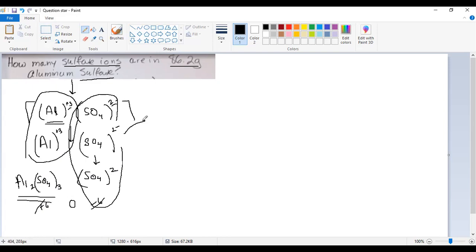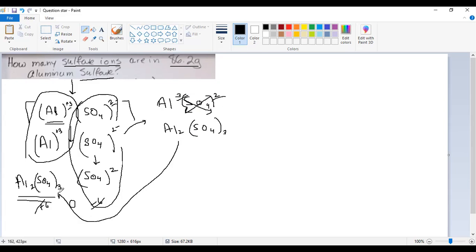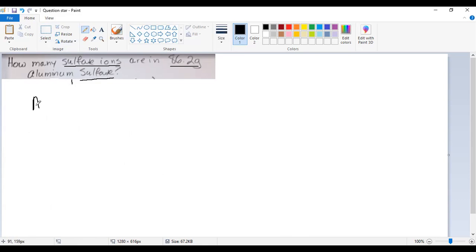And of course, there is an easier way around it if you don't want to think about it conceptually. You could instead just say, I'm going to lasso this down. You'll have Al2 and an SO4, so the charges essentially become the subscripts. And that brings us to the same answer we got before. We're dealing with an ionic compound here, and we just want to make sure that the charge is neutralized before actually working with it.